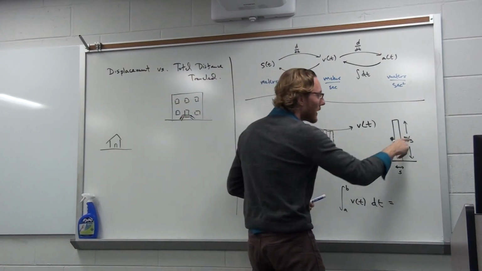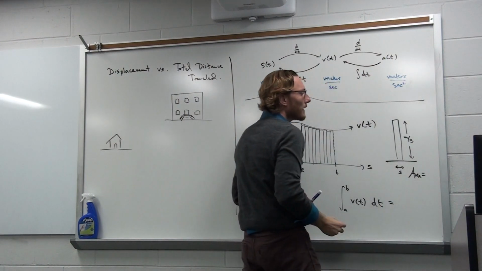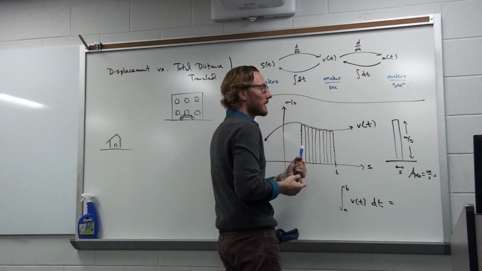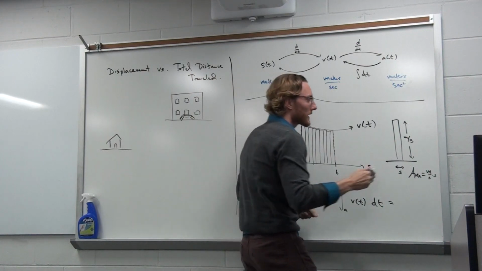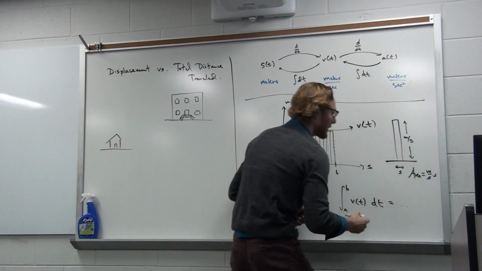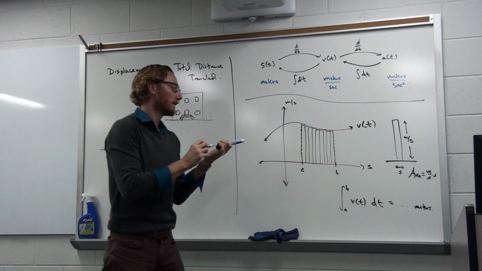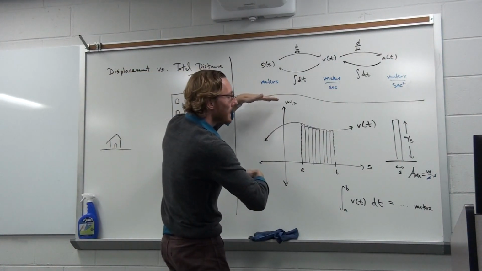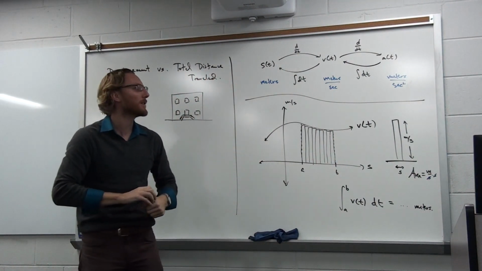But now, when you compute the area, it would be some number of meters per second times some number of seconds. It would be just base times height. Well, the seconds cancel. And your area, then, whatever this comes out to be in terms of number, is going to be some number of meters. An area where the height is meters per second and the base is seconds, multiply together, the seconds cancel, and you end up with a meter.